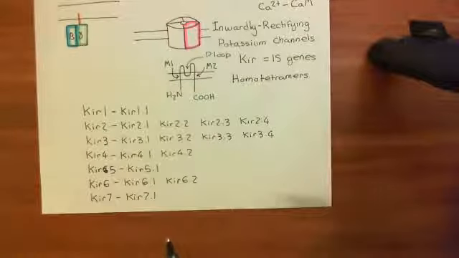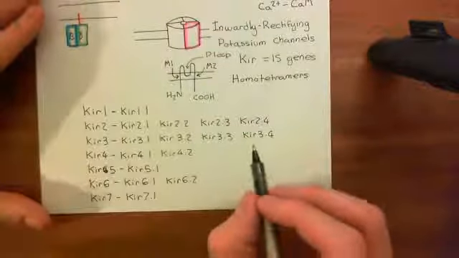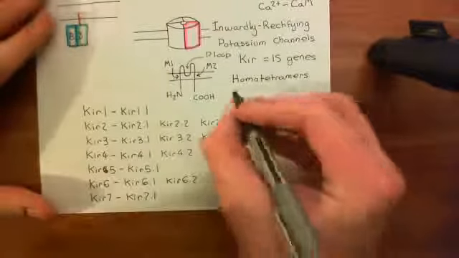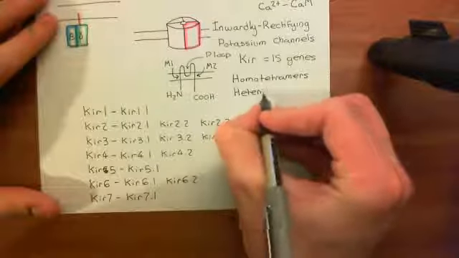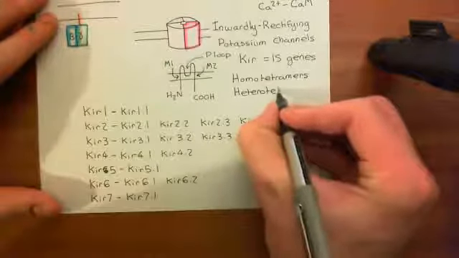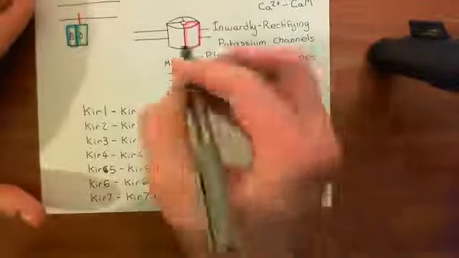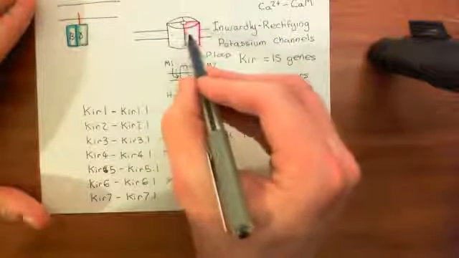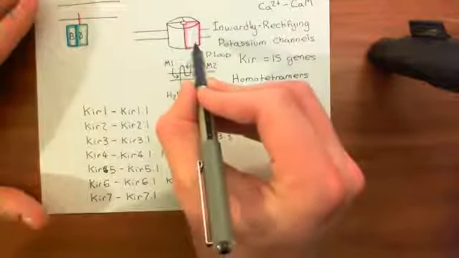You make that protein 4 times, you stick them all together, and that makes a homotetramer. Now, it's not always that simple. You can also make heterotetramers, okay? And this is basically where the 4 subunits that you've stuck together to make the tetramer are not all the same subunit.